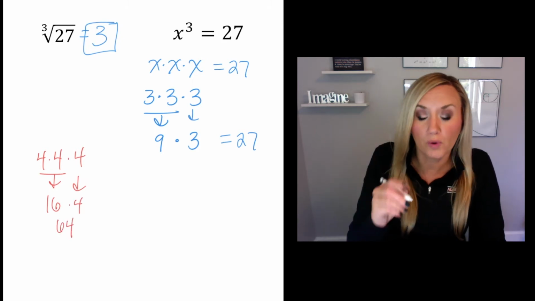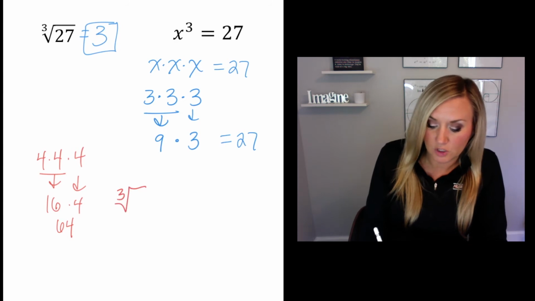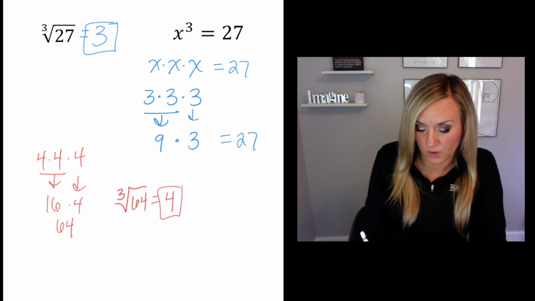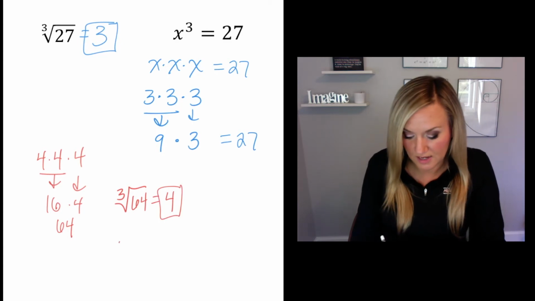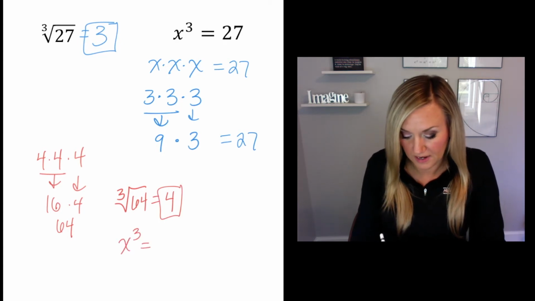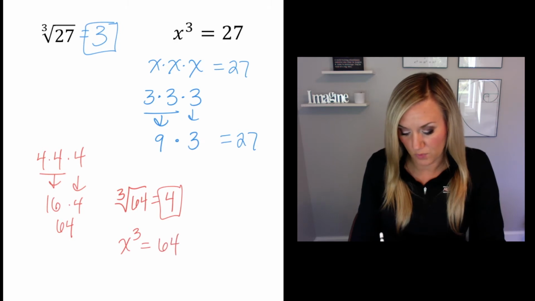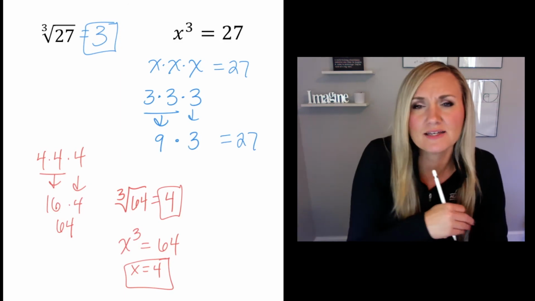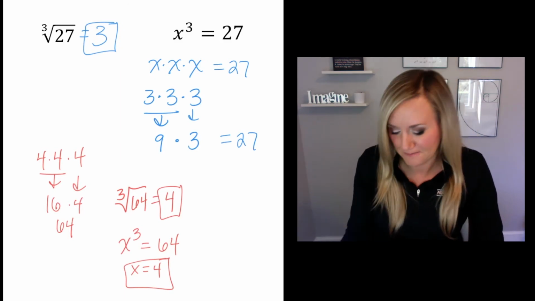So therefore, we can say that the cube root of 64 is 4. We can also say that x to the third power equals 64, and we know that x is 4. And we could keep going. We could do it for 5s, for 6s, but I think you get the idea.